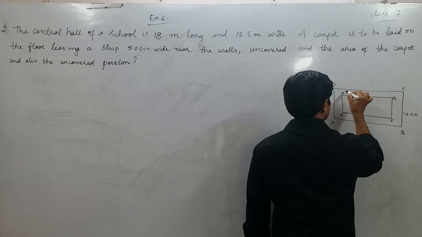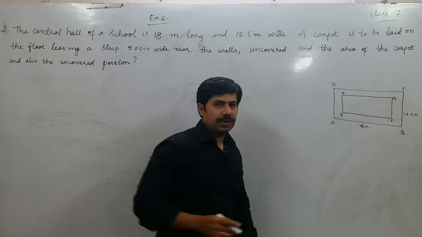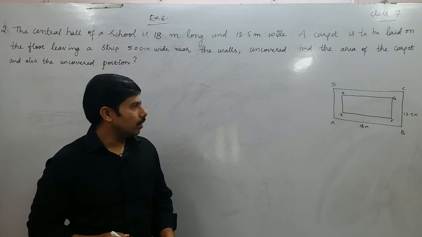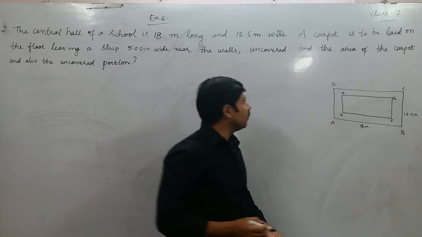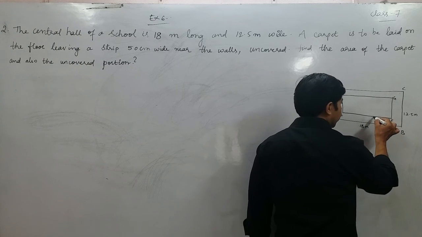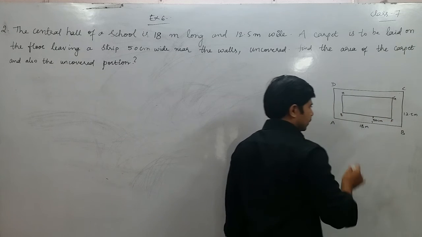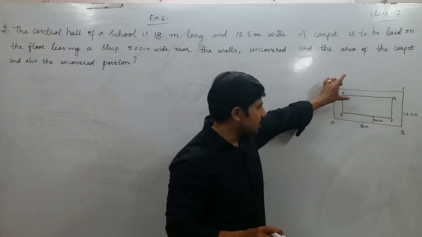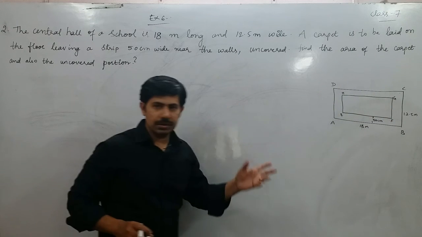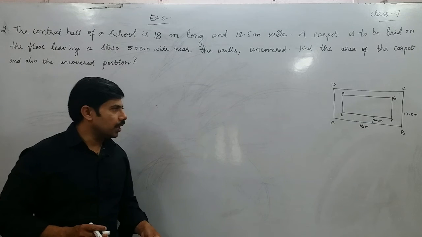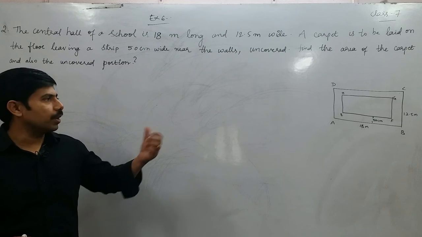So EFGH is a carpet which is laid in the central hall, leaving a strip of 50 centimeters. So this width is 50 centimeters. This gap is 50 centimeters throughout the hall. So here clearly the outer length and outer breadth is given.